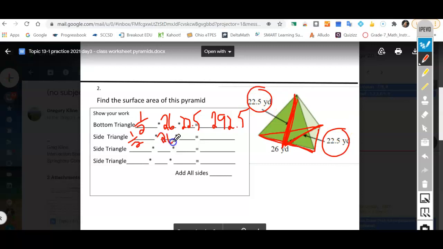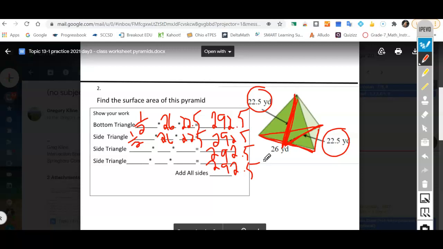So 26 times 22.5. So that's going to be a 292.5 again. And that's for all three sides. And notice I only have three sides on this because the bottom is a triangle, right? Since the bottom's a triangle, there's only going to be three triangles around the sides.